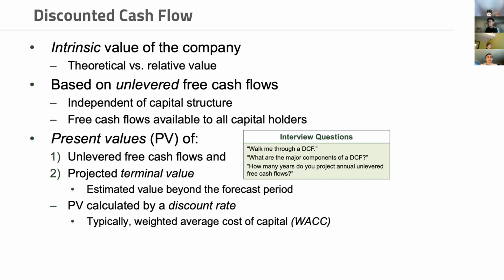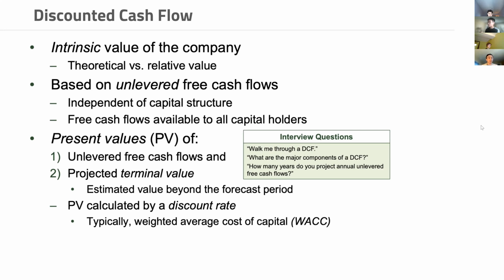And in a DCF, we're going to be looking at the present value of the company's future free cash flows, their future operating statistics, and then that combined with their terminal value, because we are only going to have a limited forecast period, and we want to account for the fact that Apple's going to exist 20 years in the future, probably, even if we're not making explicit predictions about what they're going to be doing past maybe 10 years.